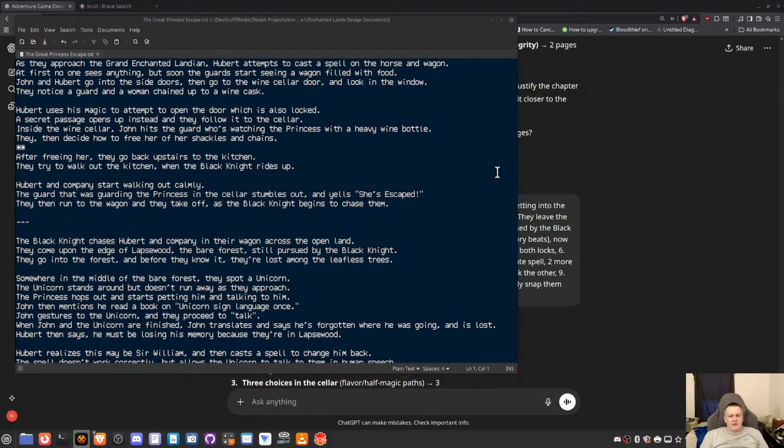They go up to the cellar door where there are stairs down, and they see a woman that looks like the princess, and a guard with his back to the door, facing toward the princess. Then Hubert uses a spell to open the door, not knowing for sure if anything would happen.